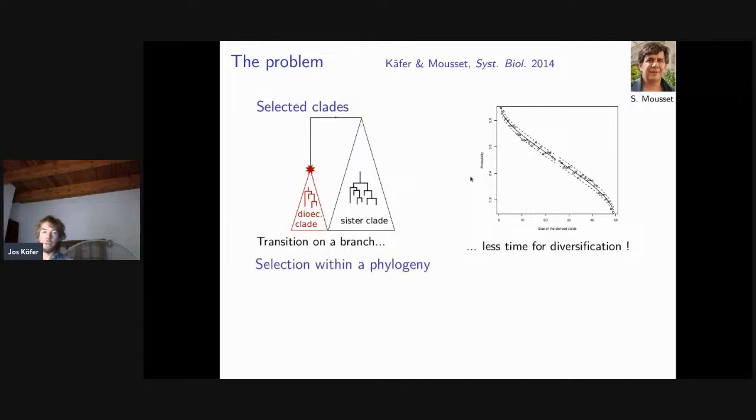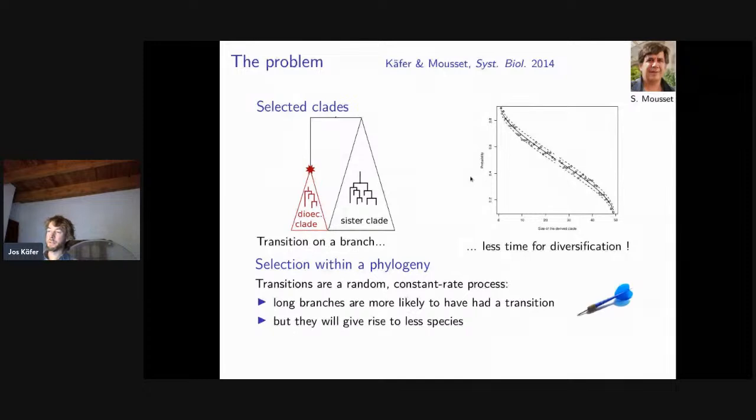If you do this within a phylogeny, then the situation gets even worse. If you just consider that transitions are a random, Poisson process, then the longer the branch is, the more likely the branch is to have had a transition. And so the editor of our Systematic Biology paper here likened it to throwing darts at a phylogeny. Of course, the longer the branch is, the higher the chance it has been hit with the dart, or with the transition.